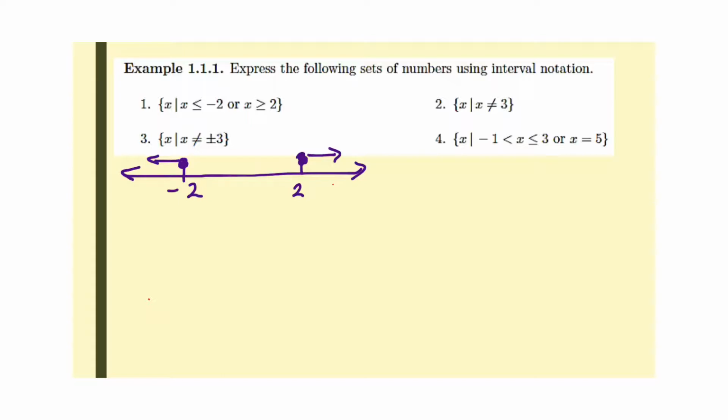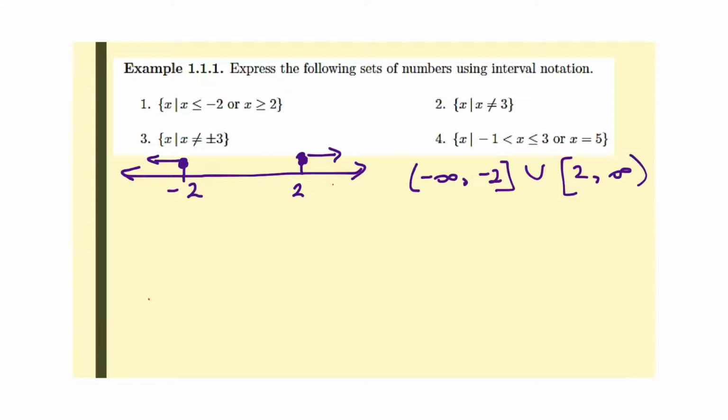This is a two-piece number line, set representation, I should say. So we're going to use the union symbol. We say negative infinity to -2, square bracket, because it's filled in, union symbol, square bracket, 2 to infinity, round bracket. So I've got a two-piece set there, and we use the union symbol for that.